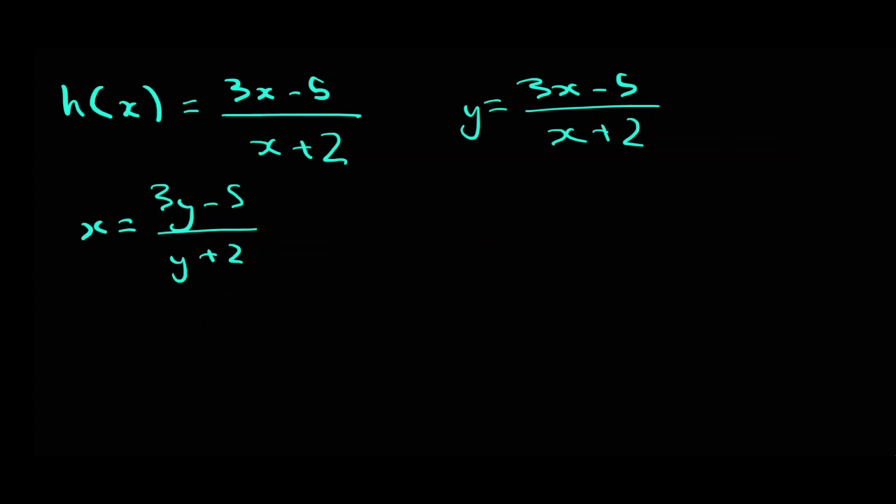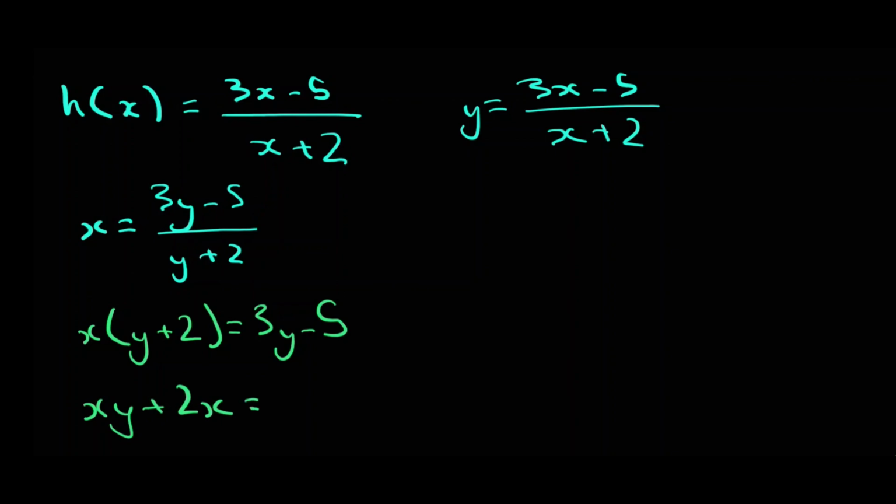So I'm going to try to get rid of the fraction on the right by multiplying both sides by (y + 2). So x times (y + 2) = 3y - 5. And then multiplying that out, it's just xy + 2x = 3y - 5.